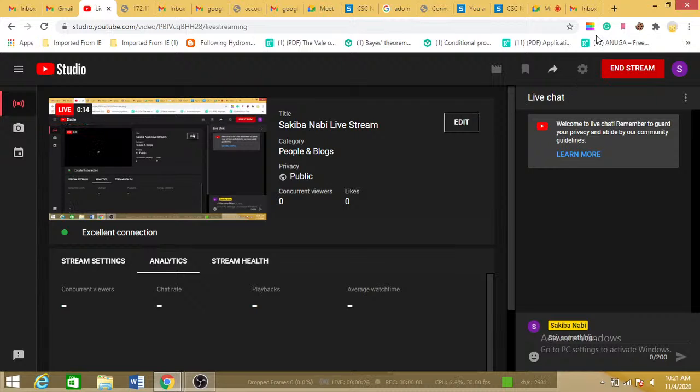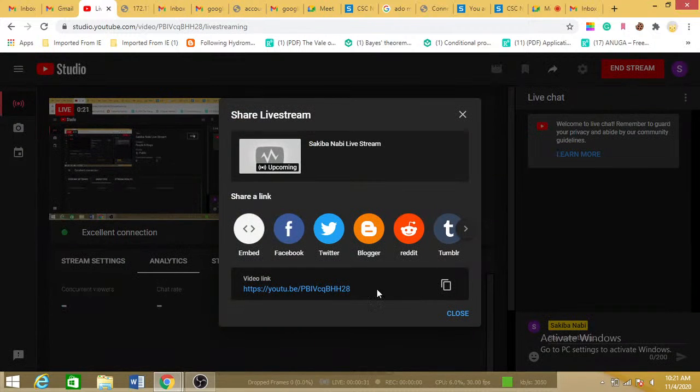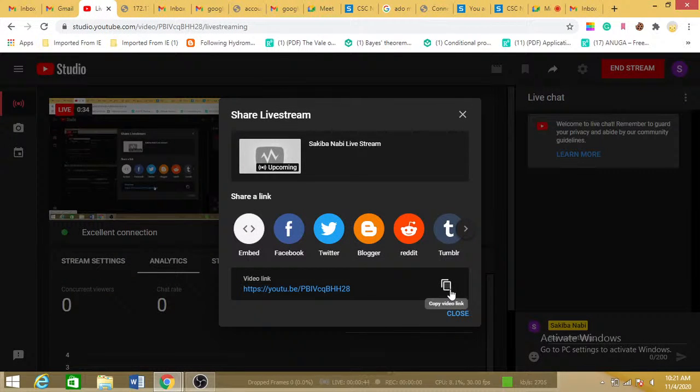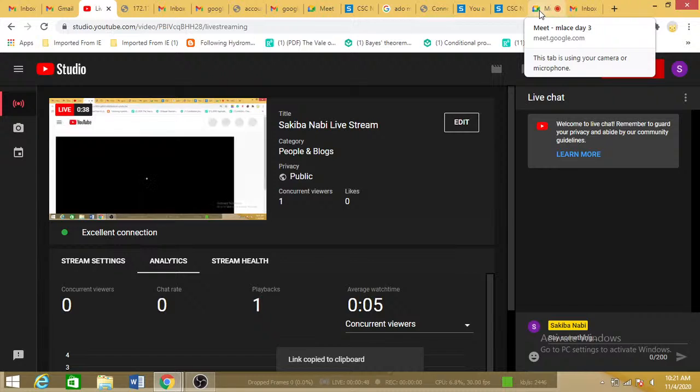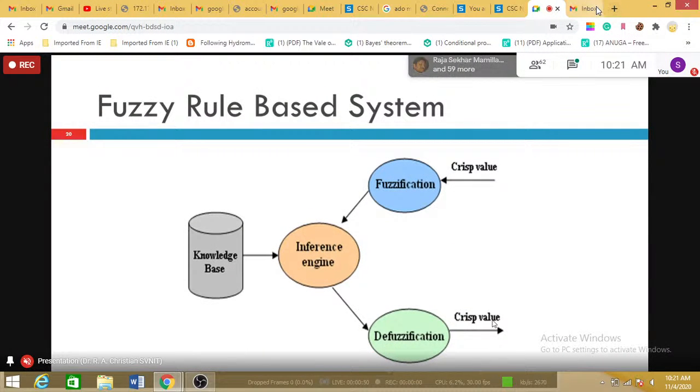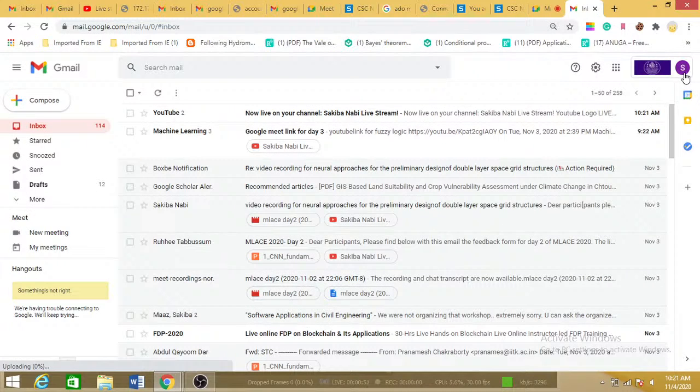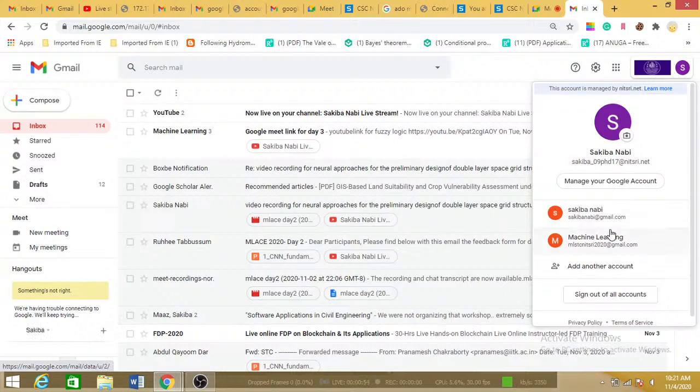You get the crisp value of input, fuzzify them, take it to the inference system. That brings out the fuzzy value out of the system, which is defuzzified and then comes out as a crisp value. So this is in fact what is happening in case of a fuzzy rule-based system. In a very simplistic way, I have explained this to you.